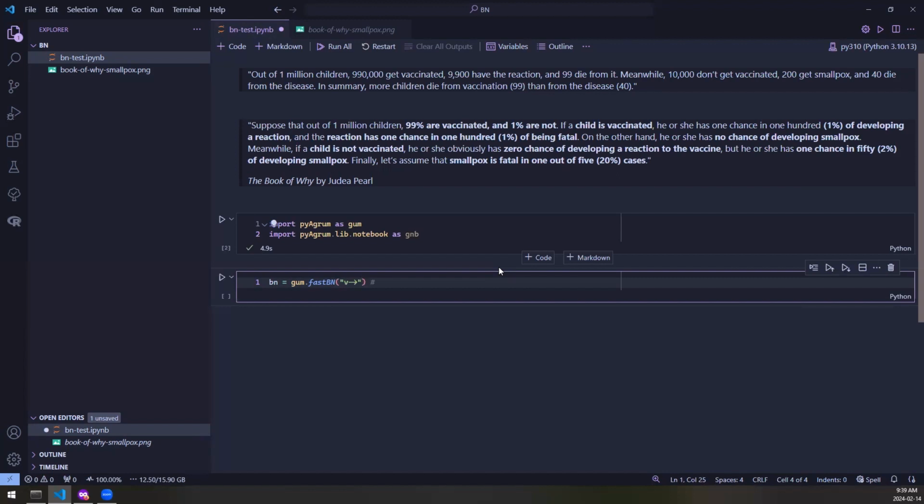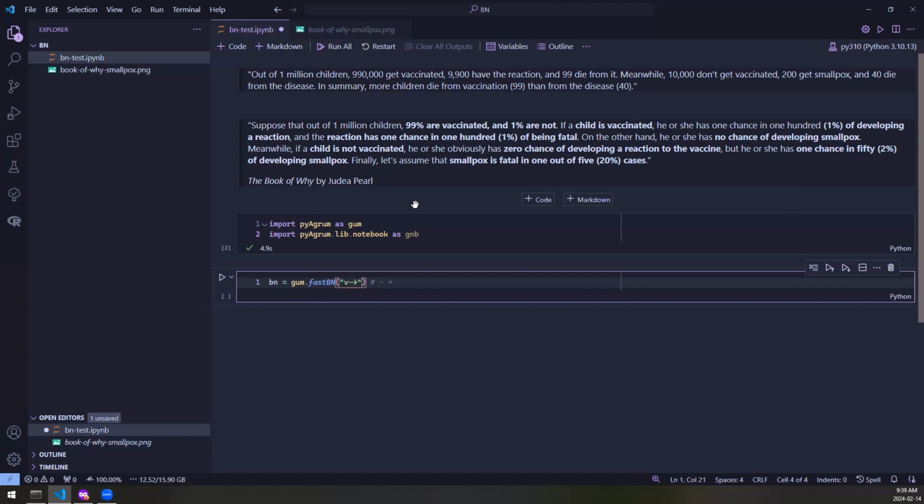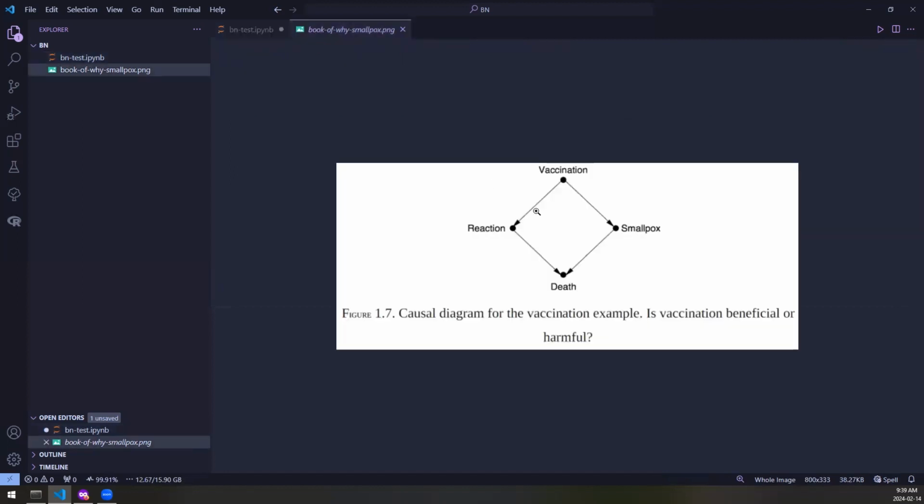The font I'm using here has ligatures, which is why it's showing as an arrow, but basically you need to type a dash and the greater-than symbol. So V goes to R, which goes to D: V, dash, greater than, R, dash, greater than, D. With this, we did the first side of the graph.